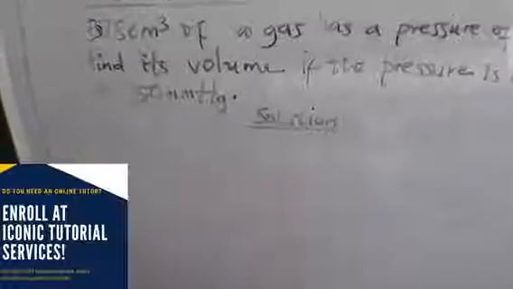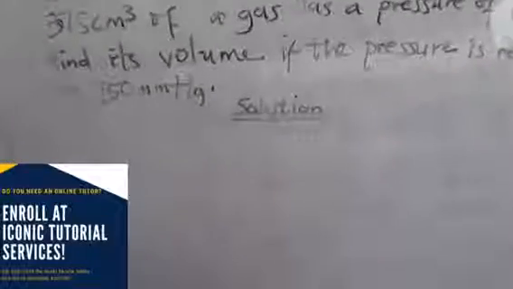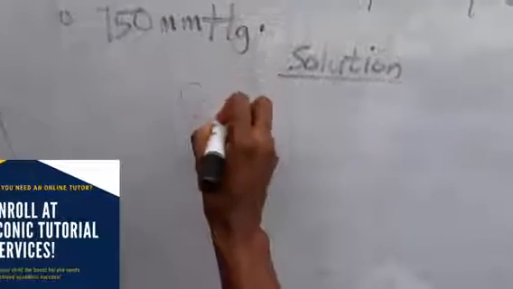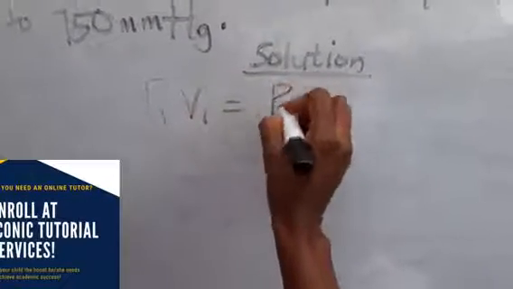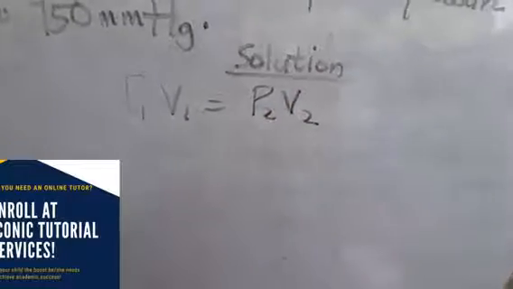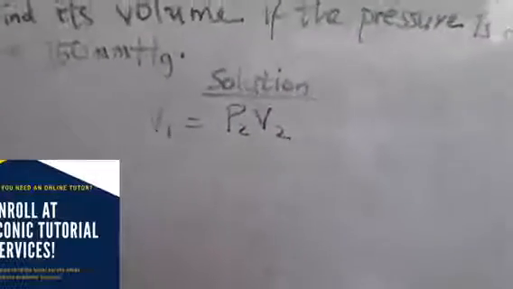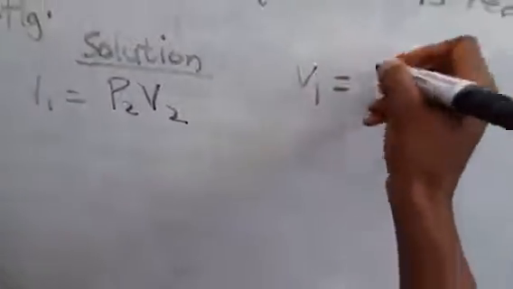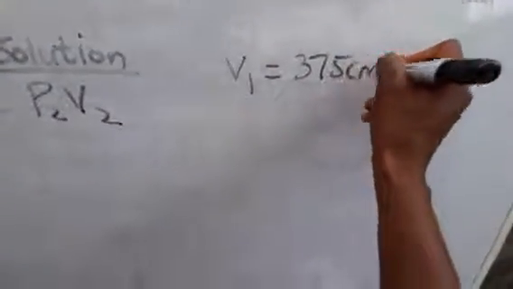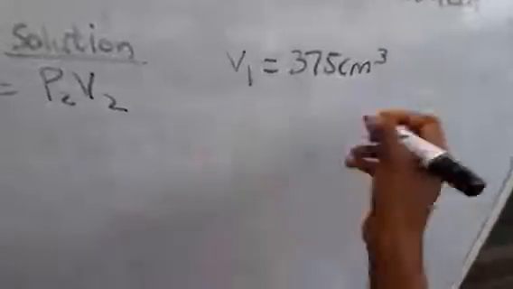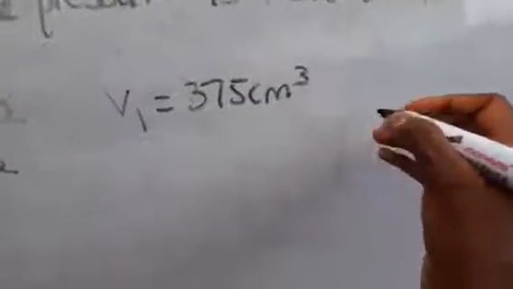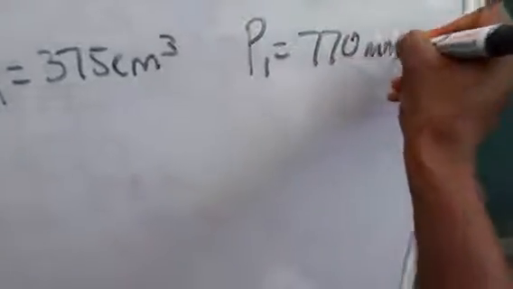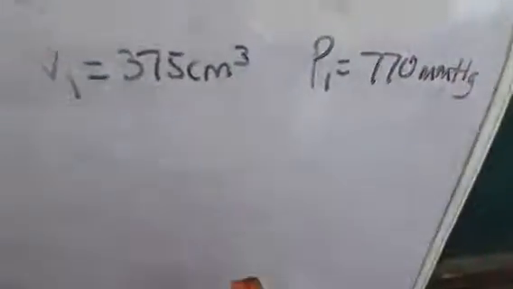So we'll be using Boyle's law equation, where P1V1 equals P2V2. Here, from the question, our first volume V1 is 375 cm3, and our P1 is 770 millimeter mercury.